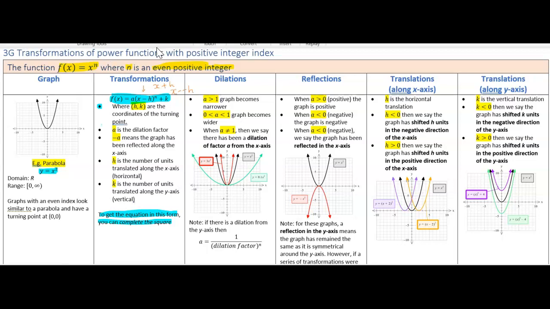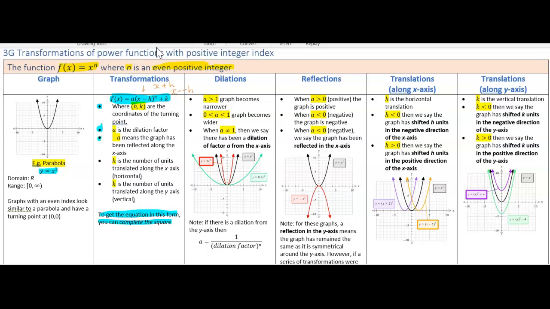Second dot point, a is your dilation factor. Your dilation factor tells you whether your graph goes wider or narrower. Your dilation factor can never be negative. If you're referring to a dilation factor, you're basically saying what you're multiplying the coordinate by to make it wider or narrower.